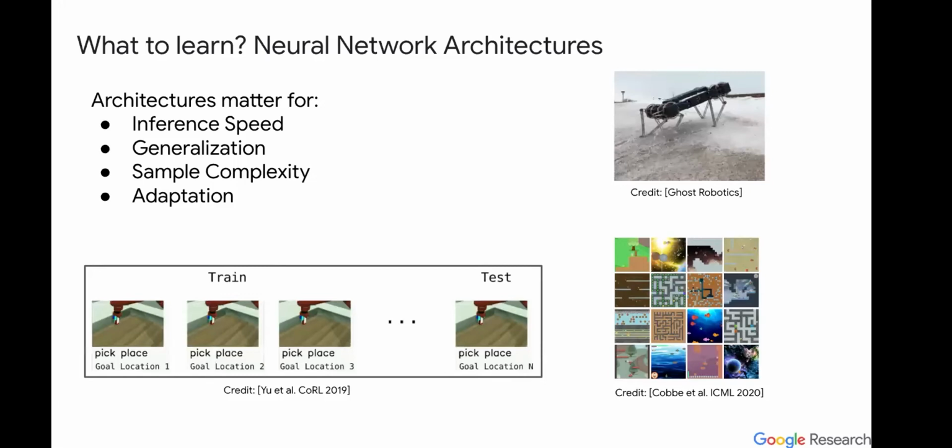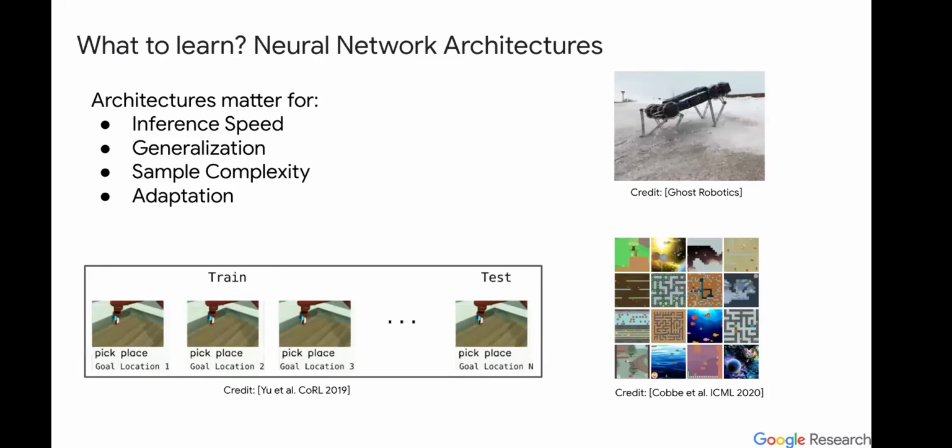Sometimes even a fully connected neural network isn't going to cut it. It's way too slow. Another case is generalization, where recent work such as the ProcGen benchmark showed that the architecture really matters for generalization. They showed that, for example, a residual network does a lot better than your default DQN network in terms of generalization. Another one, of course, is sample complexity, right?